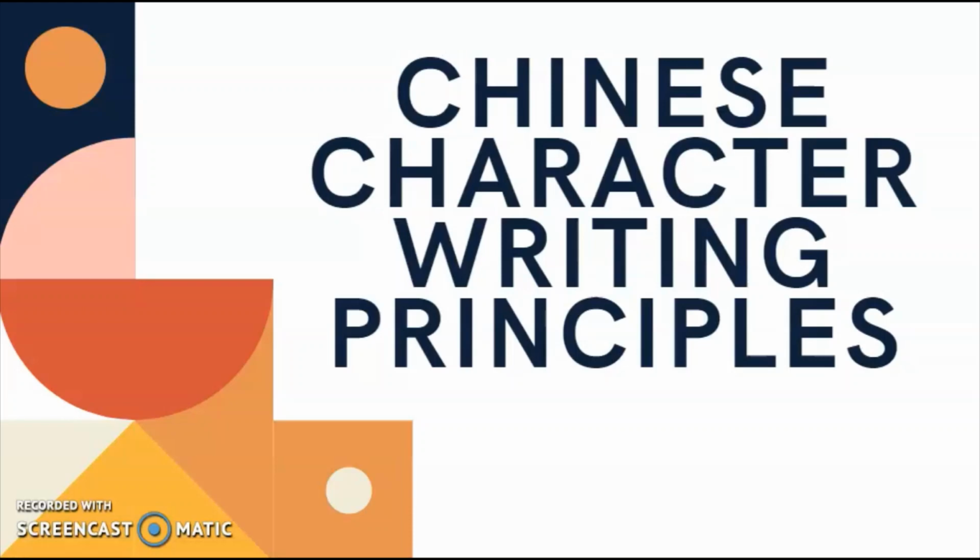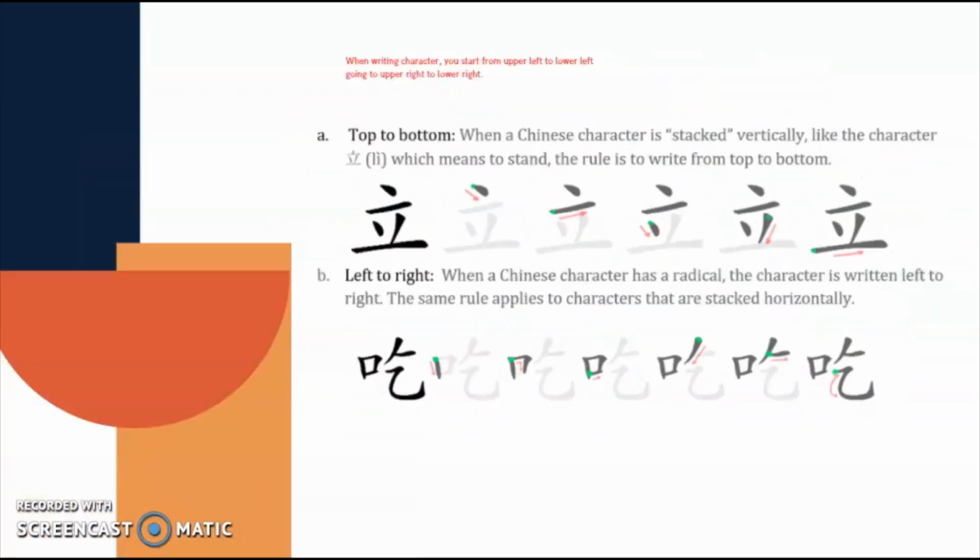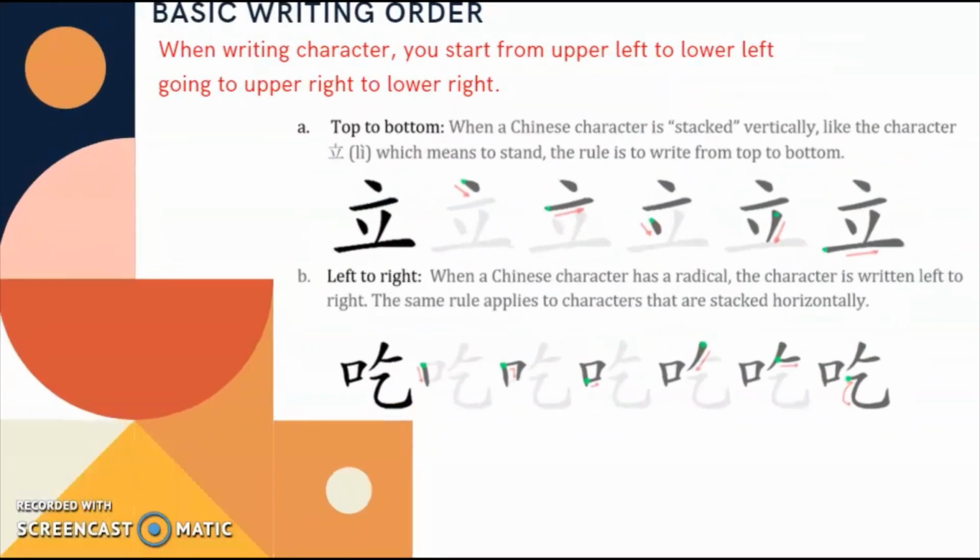So we have different writing order rules. Like number 1, when you write a Chinese character, you start from top to bottom. And when a Chinese character is stacked, or piled up vertically, like the character Li, which means stand, the rule is to write from top to bottom.